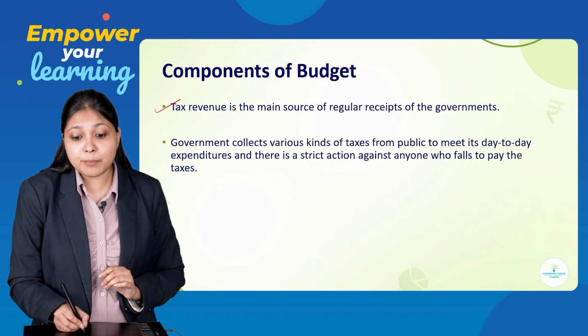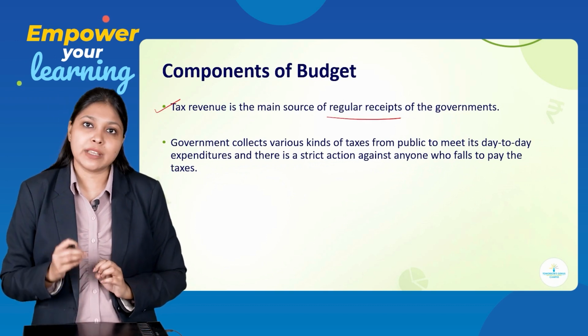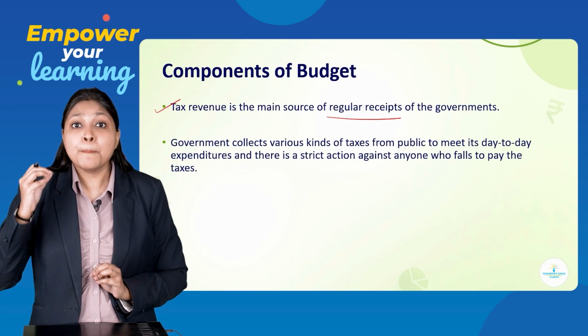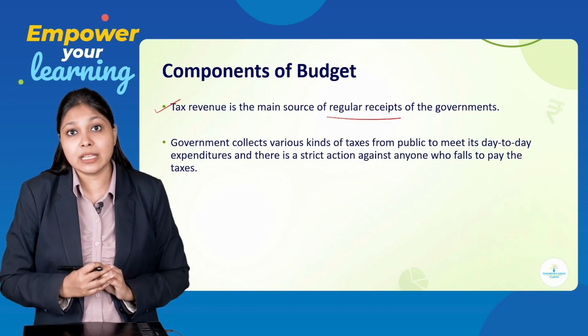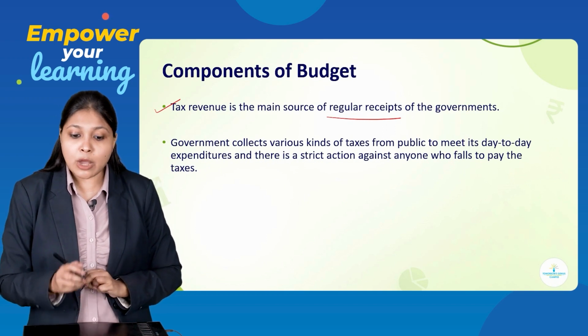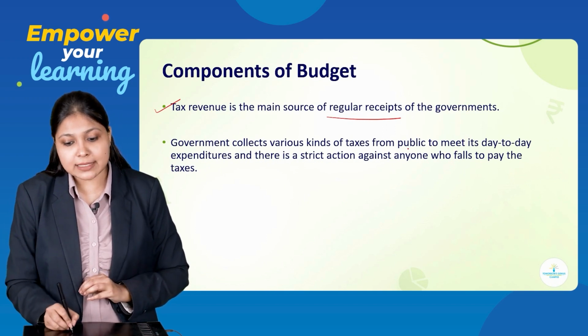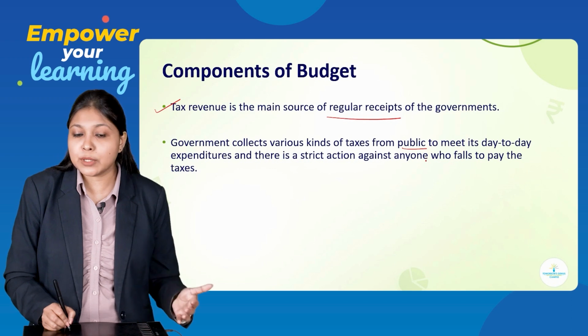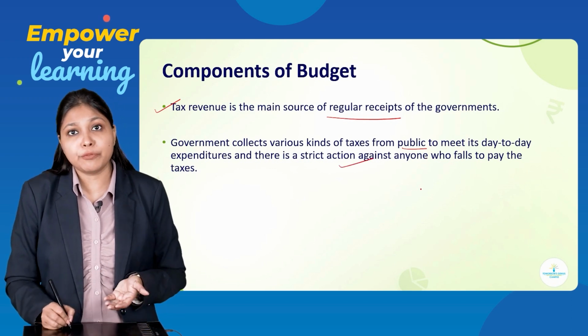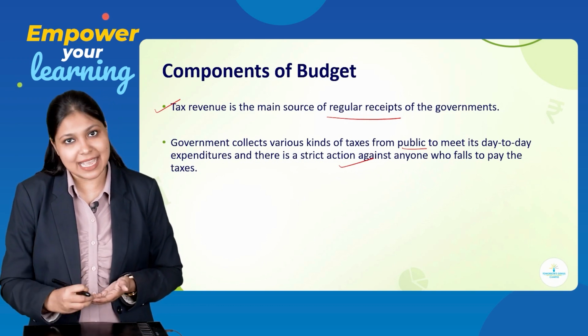Tax revenue is the main source of regular receipt of the government. I already said tax is a major source of income for the government. So, government will collect various kinds of taxes from the public to meet its day-to-day expenditure, and there is strict action against anyone who fails to pay the taxes.